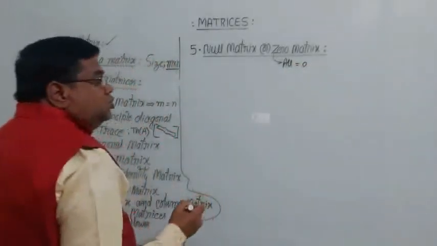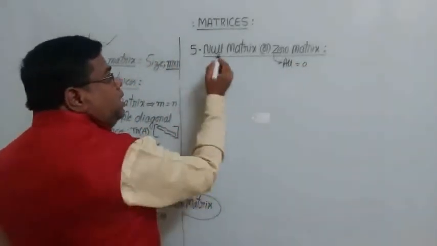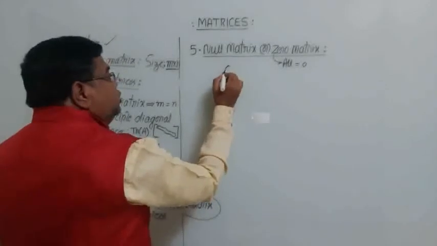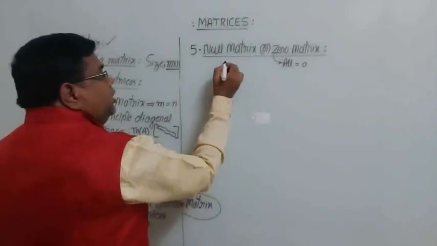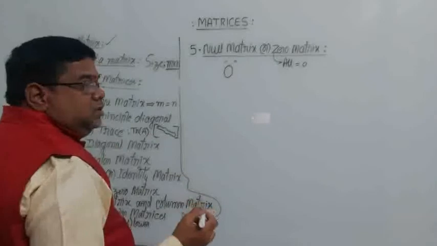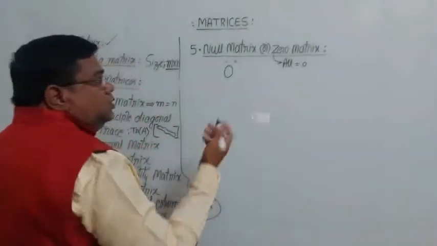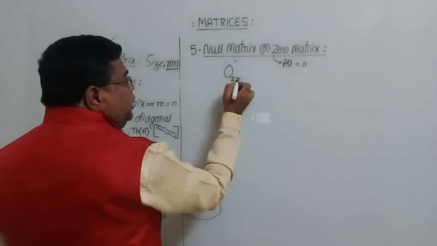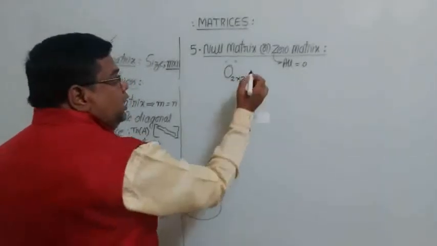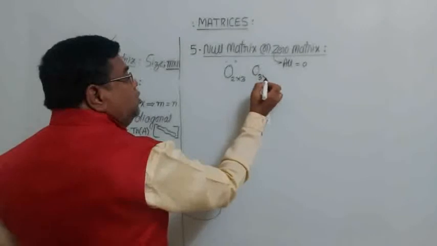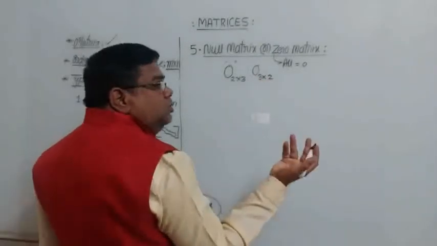That is why it is called the null matrix or zero matrix. It is denoted by O. It may or may not be a square matrix. It may be of order 2 by 3, 3 by 2, or 2 by 2.